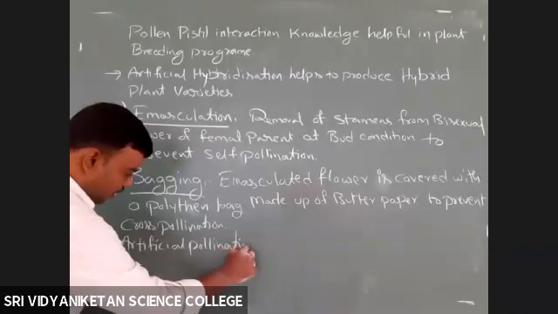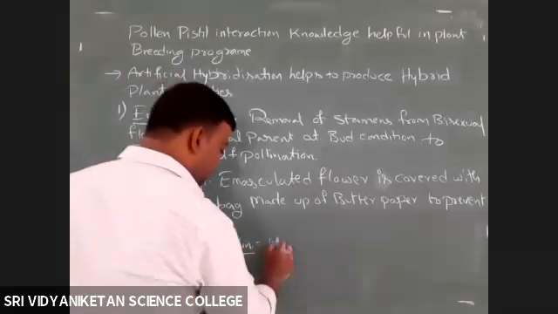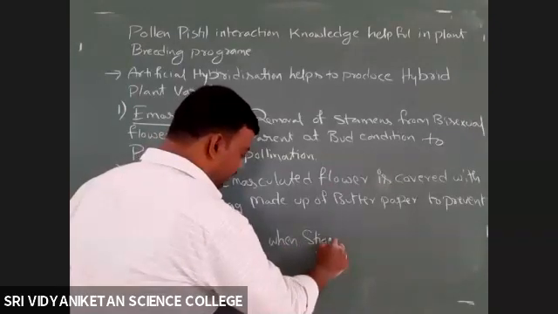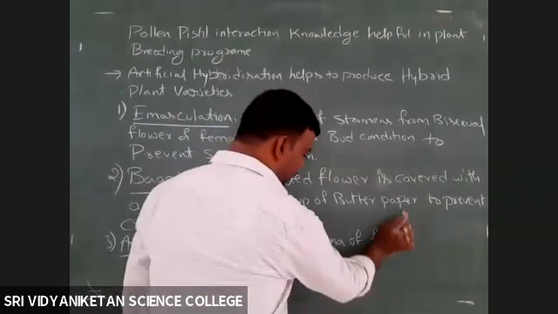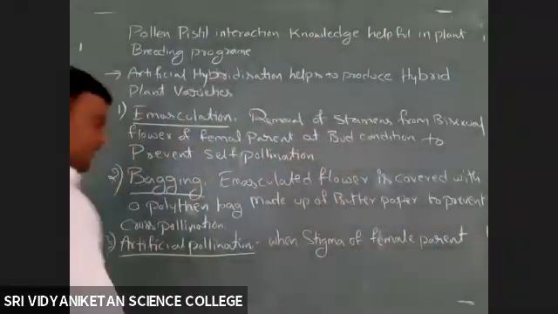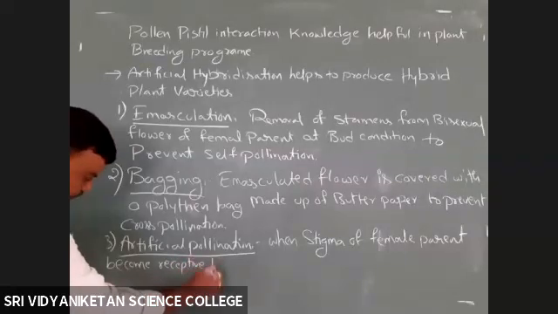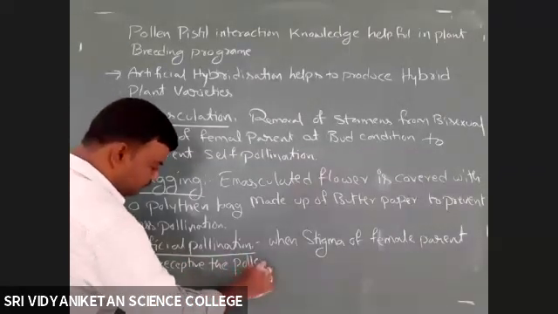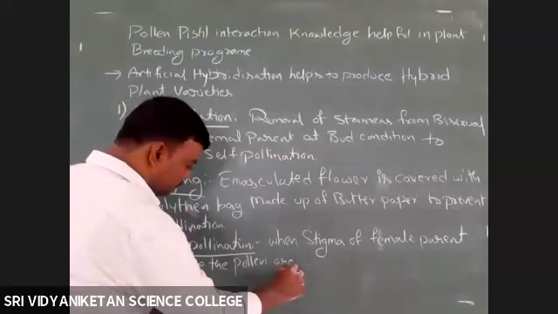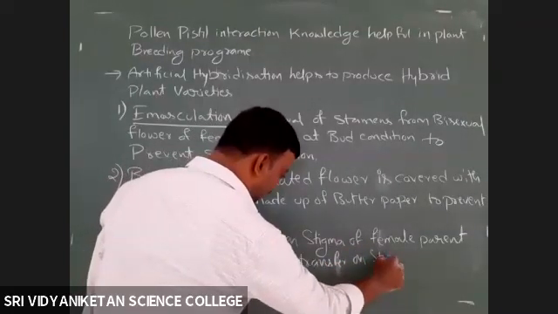And the third step is artificial pollination. What is artificial pollination? When the stigma of the female flower, that means the female parent, becomes receptive, receptive means mature, the pollen is transferred onto the stigma.